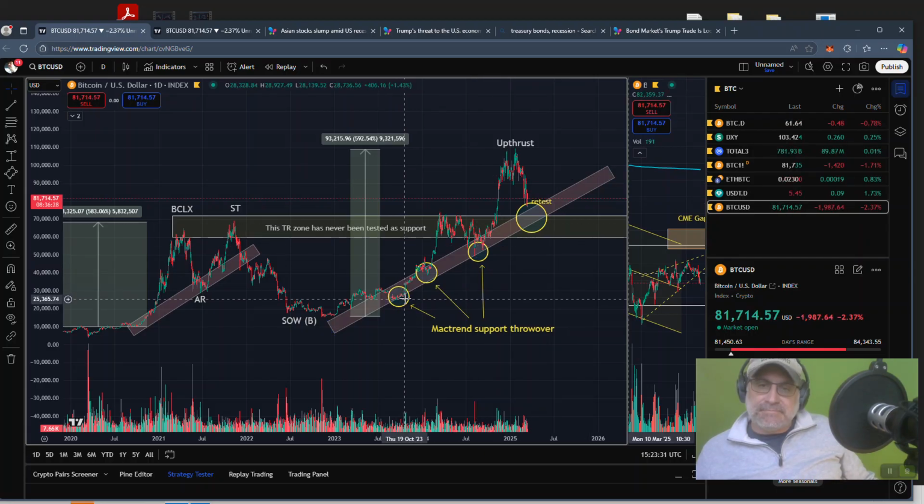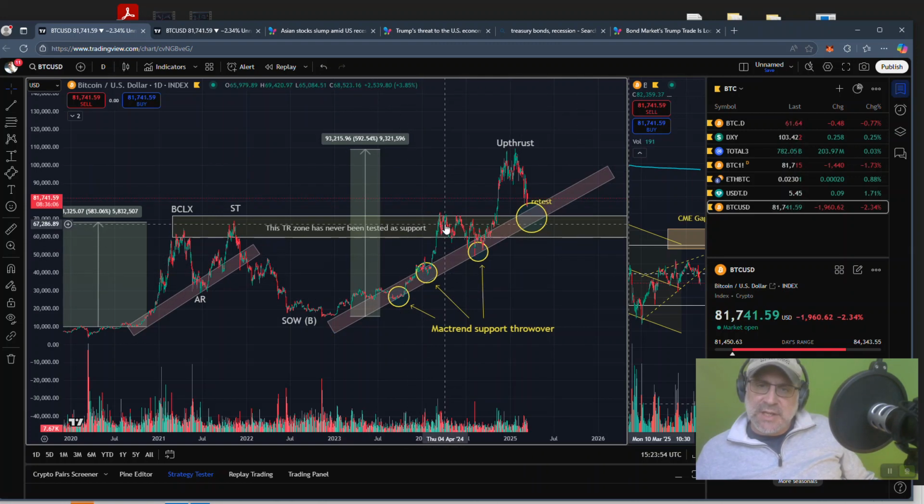And as we saw in the first macro trend support line, there is an area where the throw over goes into, for example, here at the automatic rally, and then we have a throw over here as well as the price trends upward.